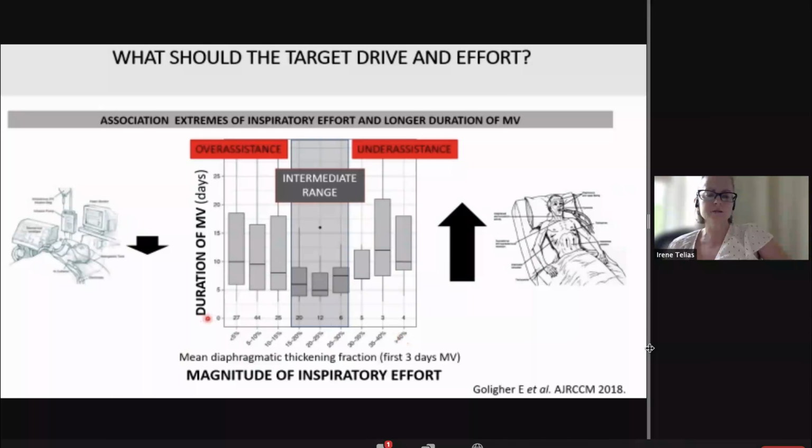And on the y-axis, the duration of mechanical ventilation. So those patients that had an intermediate range had the better duration of mechanical ventilation, okay? And then there are other studies that suggest that maybe an intermediate range of inspiratory effort might be preferable as compared to extremes, very low or no effort and very high inspiratory effort.